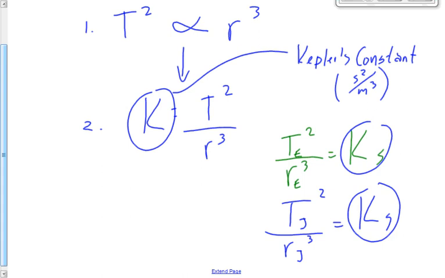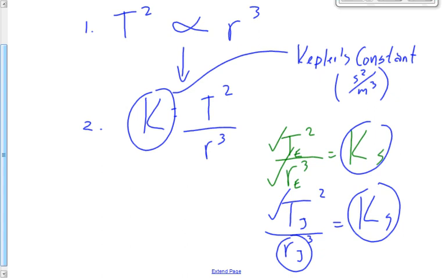So what? What does this get us? Well, it allows us to find data about one planet from data about the other. In other words, if I know how long it takes the Earth to go around the sun, and I know the radius of the Earth's revolution around the sun, and I know how long it takes Jupiter to go around the sun, then I can calculate the radius of Jupiter's revolution around the sun.